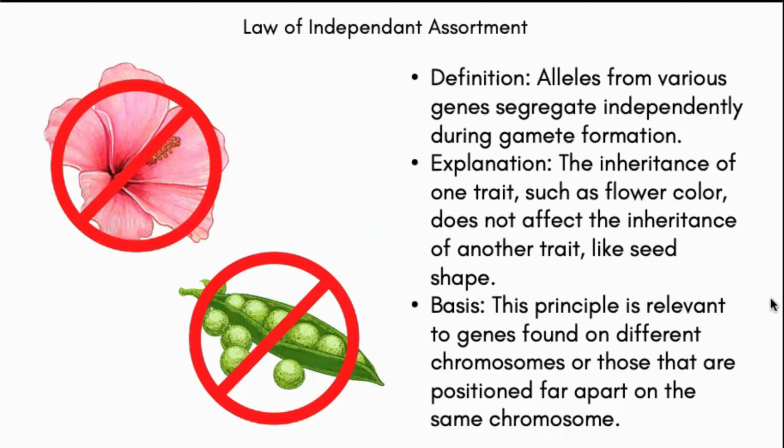So the principle of this is relevant in that genes are found on different chromosomes and they're positioned far apart from each other, so they're not going to have any relationship with one another. That's where that theory came from. But we do know that during meiosis 1 and meiosis 2, they end up separating, which creates these unique gametes, I should say.